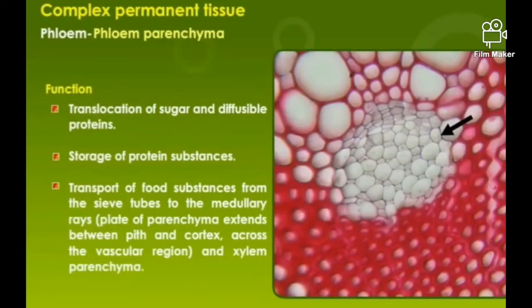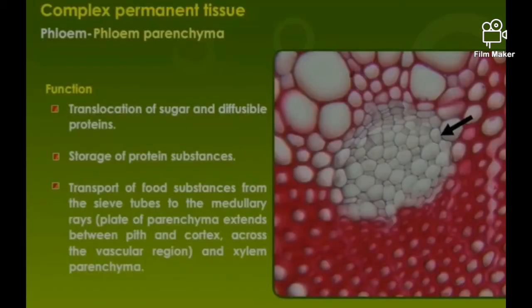Functions: translocation of sugar and diffusible proteins, storage of protein substances, transport of food substances from the sieve tubes to the medullary rays or plate of parenchyma that extends between pith and cortex across the vascular region and xylem parenchyma.